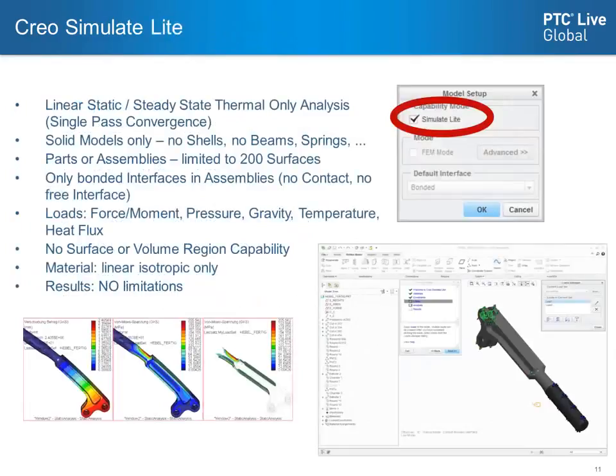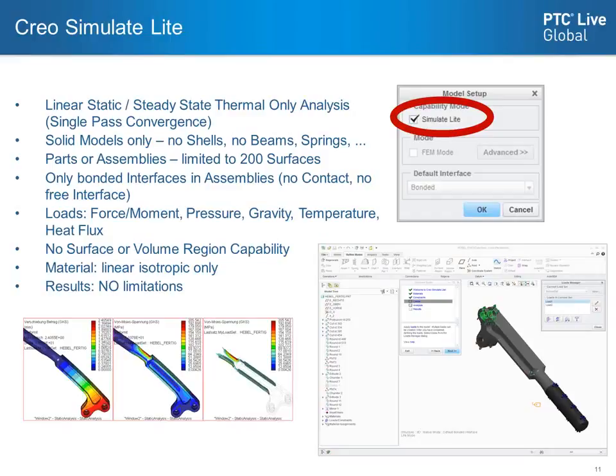So let's take a look at the Lite solution. Again, the Lite solution, as I mentioned, is freely available for anyone that has a Creo Parametric license. The requirement is that when you do the installation, you do need to install Creo Simulate. And you may say, well, we don't have a Simulate license. That's fine. You would still install Creo Simulate along with Creo Parametric.